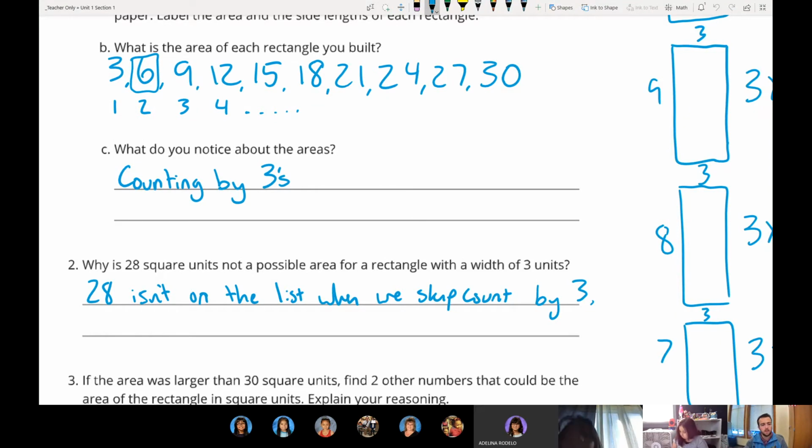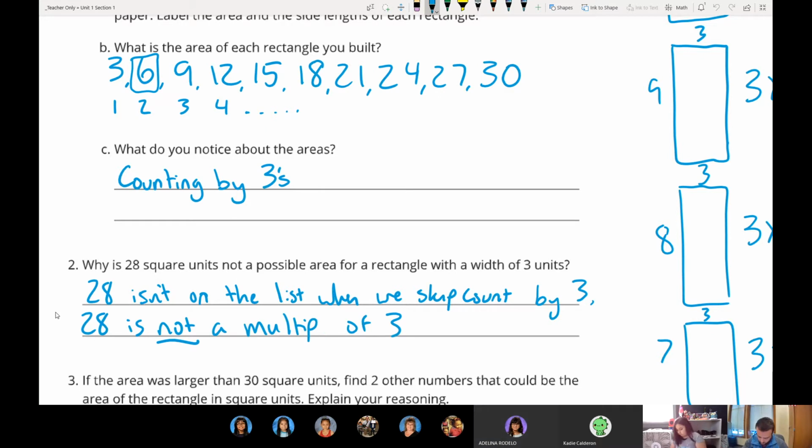Adelina, could you help us out there if you know? Is 28 a multiple of 3 or is it not a multiple of 3? 28 is not a multiple of 3. So 28 is not, and I'll underline it, a multiple of 3. Because if we were to skip count by 3, we would not land on 28.